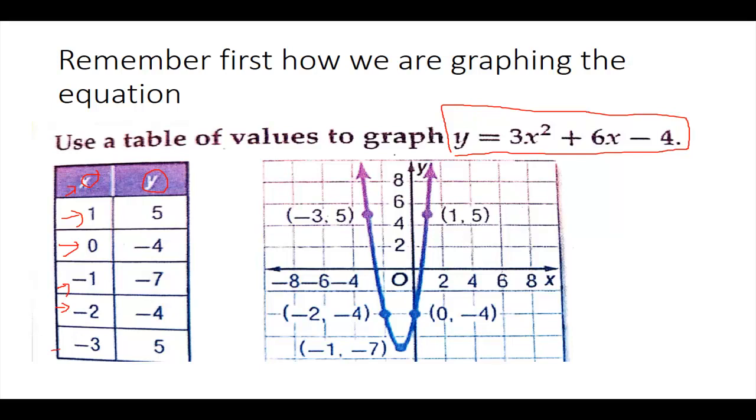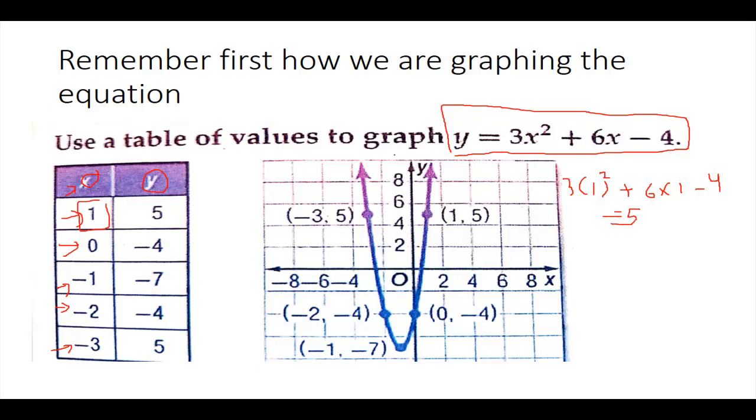What are we going to do with these values of x? We're going to substitute x by 1 in the equation y equals 3x power 2 plus 6x minus 4. So it's 3 by 1 power 2 plus 6 by 1 minus 4.